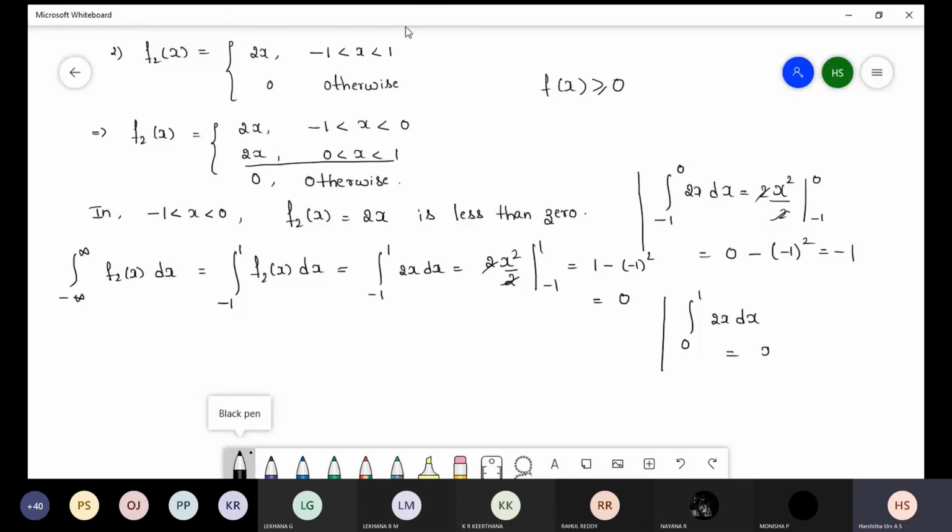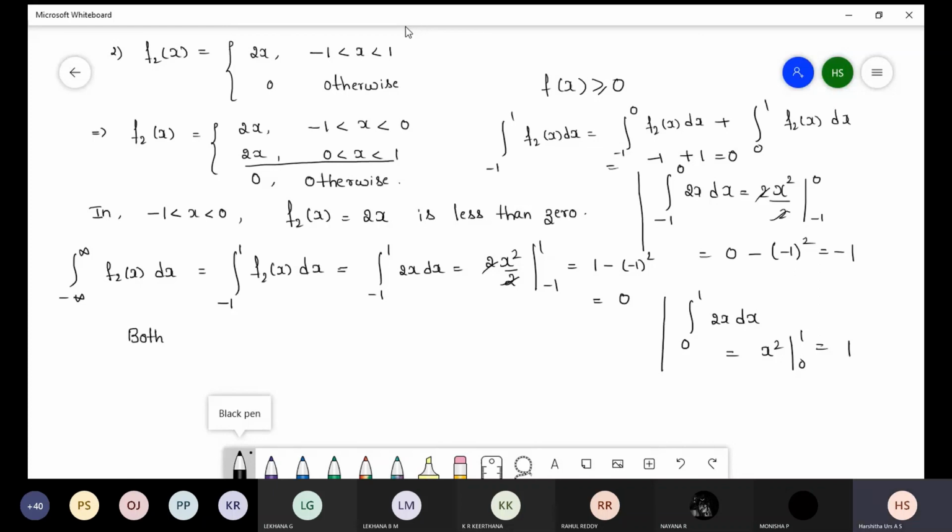So x square 0 to 1, here we get 1, but we are taking the limit minus 1 to 1 f2 of x into dx, that is first one minus 1 to 0 f2 of x into dx plus second one 0 to 1 f2 of x into dx. So first one we got minus 1, for the second one 1. So 0. So what we have to write?